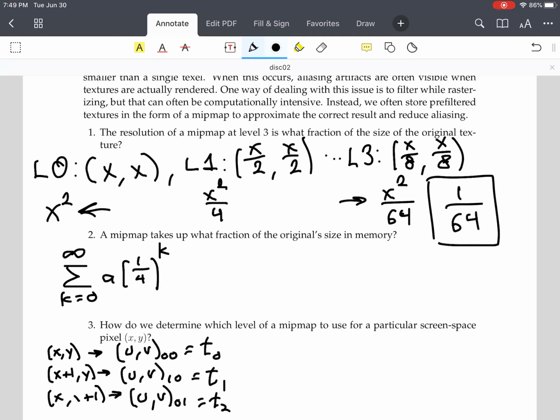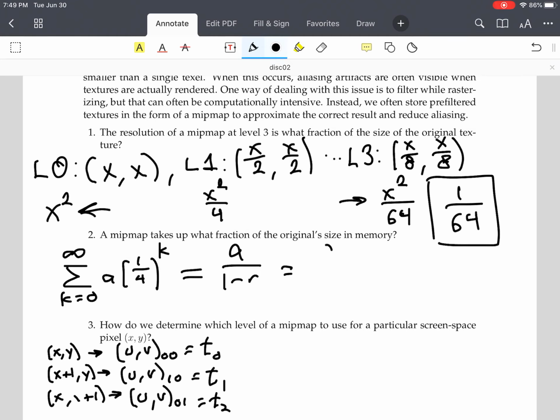Now to actually solve this, we can just use the formula, which tells us that the sum of an infinite series is the first value, a, over 1 minus r, where r is the number you multiply every time. In this case, r is 1/4, and the first value is a.